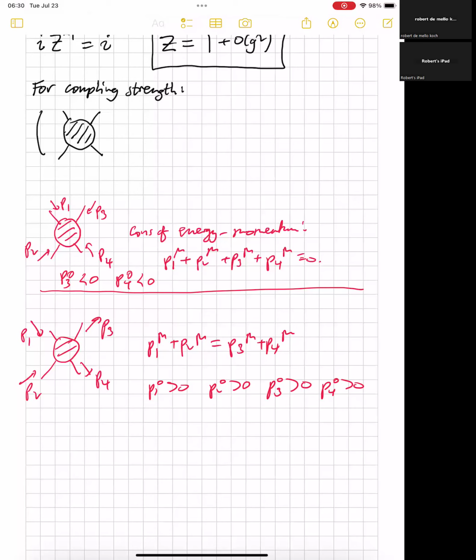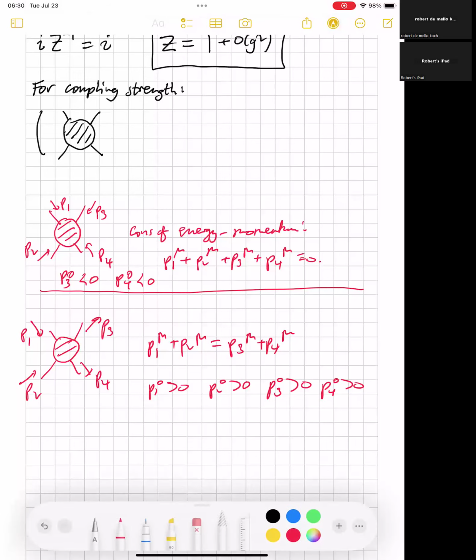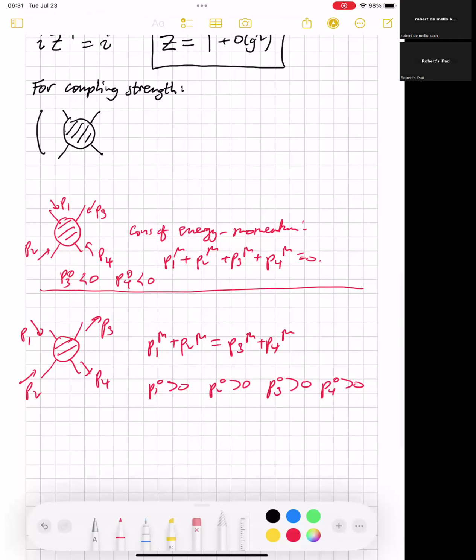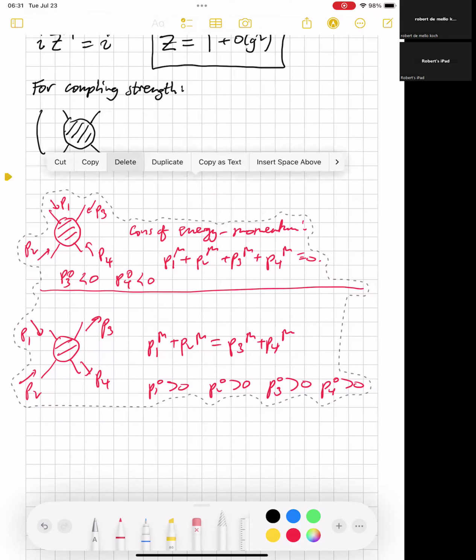But the first description is often more convenient theoretically because it allows you to make manifest any symmetries that there are between all of the 4 momenta. So I just wanted to point out that there were these two different descriptions. Okay, so that was just an aside. You'll see people using both. Don't get surprised. It is basically a different notation.